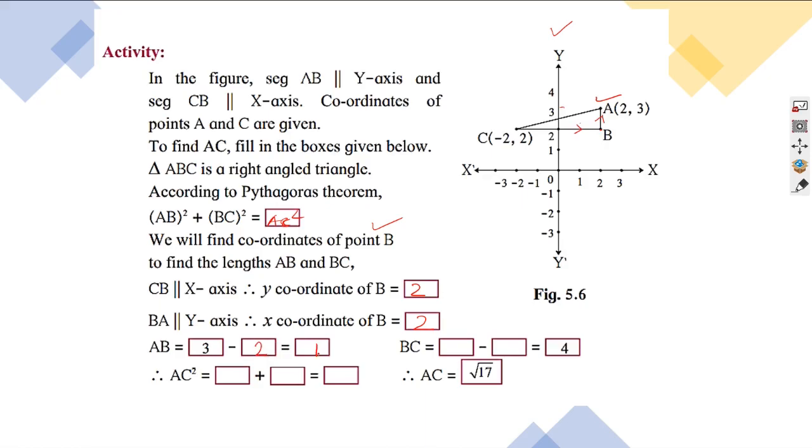And as far as BC is concerned, we have x coordinate 2 minus, when it comes here, minus 2, which is equal to 4.